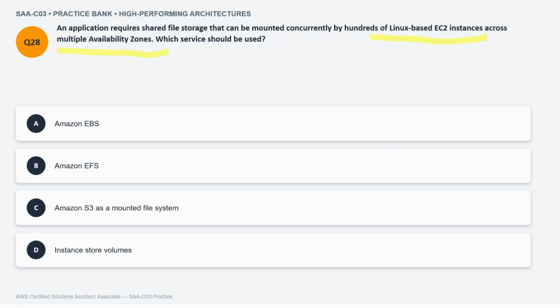So the answer will be EFS, because they are asking for file storage that can be mounted concurrently. Amazon EFS provides scalable shared NFS storage that many EC2 instances can mount concurrently across multiple availability zones. Whereas EBS is what we use when we want to attach to one instance at a time, so EFS is the right answer.